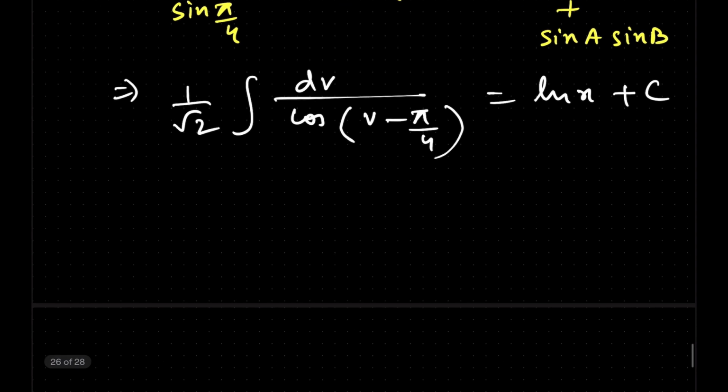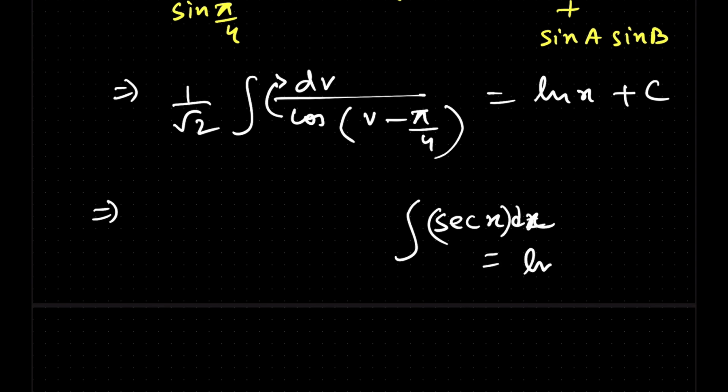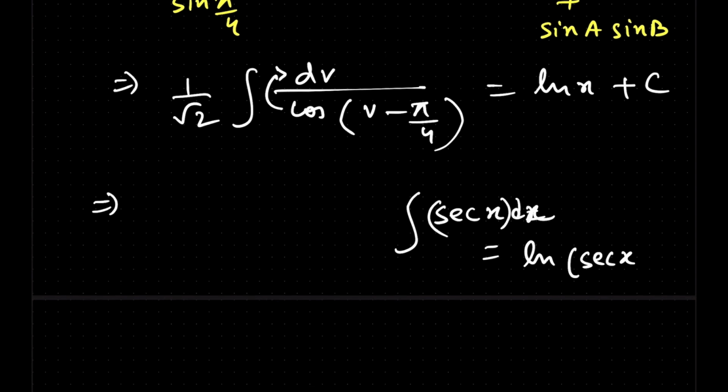Now this becomes very easy to integrate, because we know the integration: this goes in the numerator and becomes the sec function, and we know the integration of sec x is ln of sec x plus tan x.